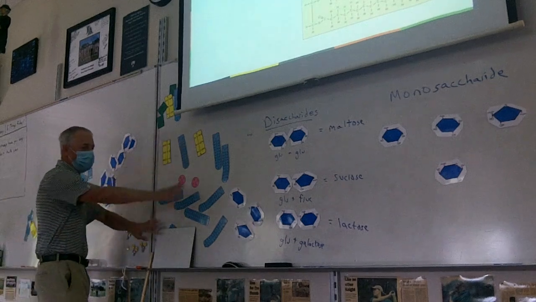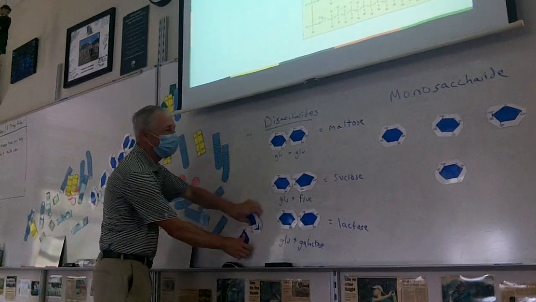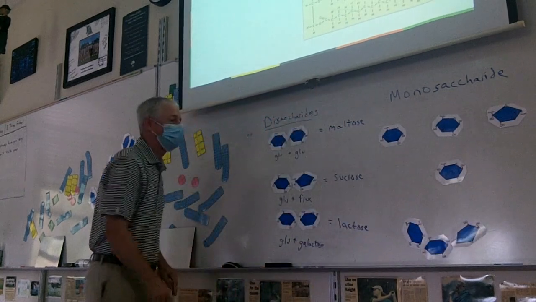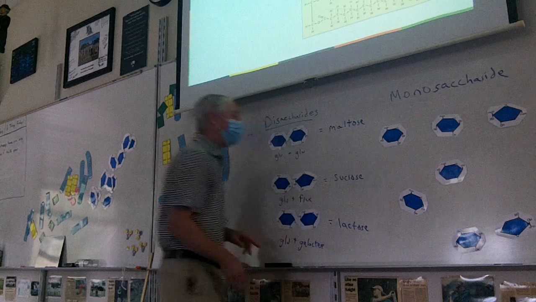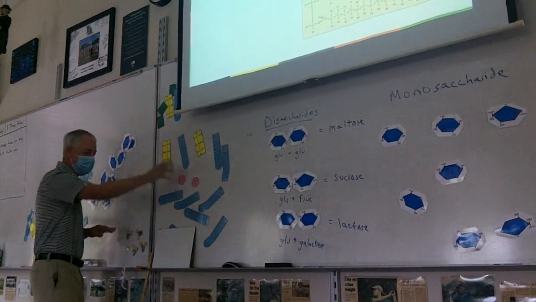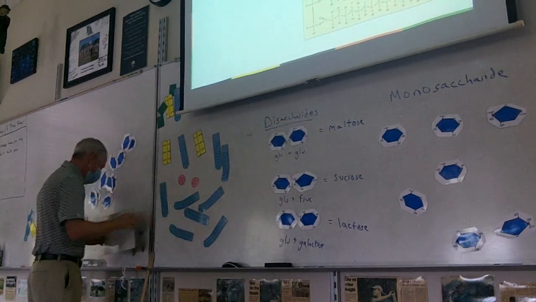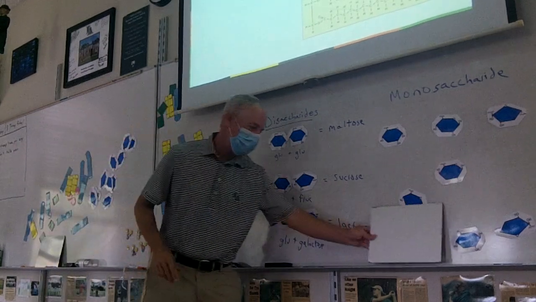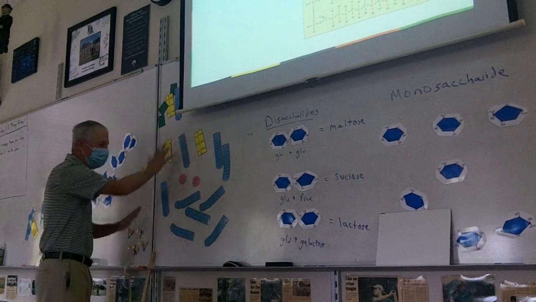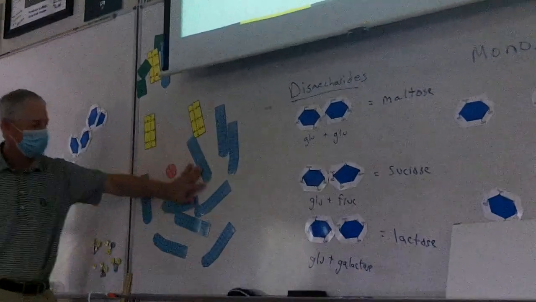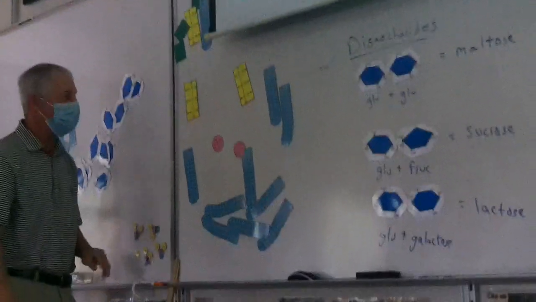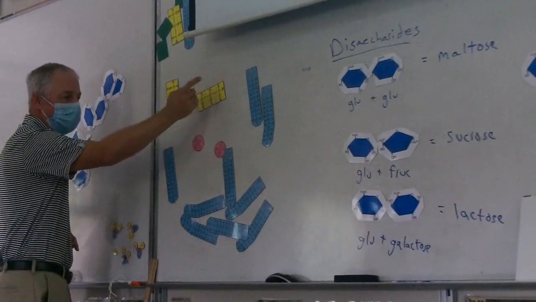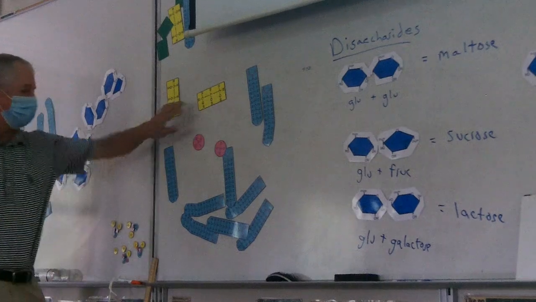So all this stuff that I have down here, all this stuff that I have here, these magnets represent fats. These are the building blocks of fats. So, what are they? This is called glycerol.